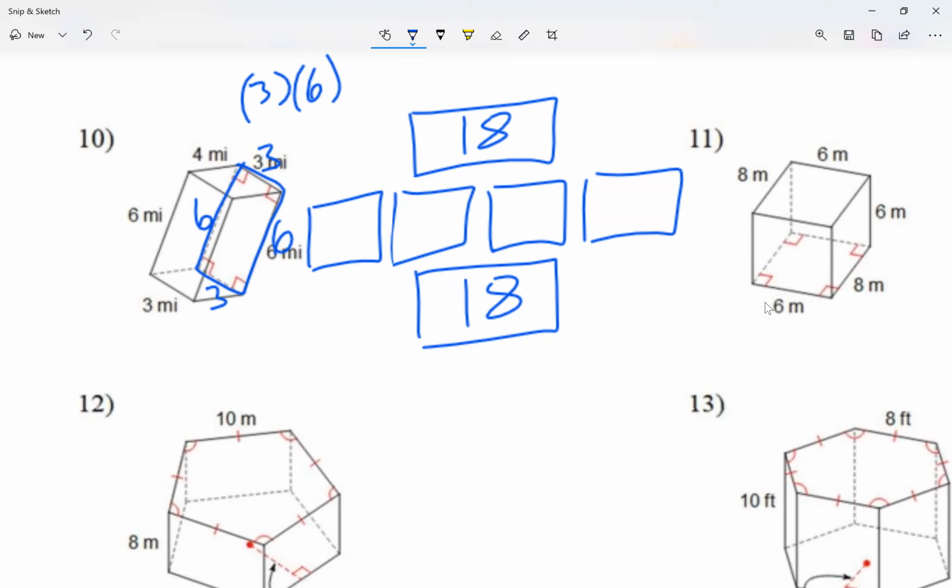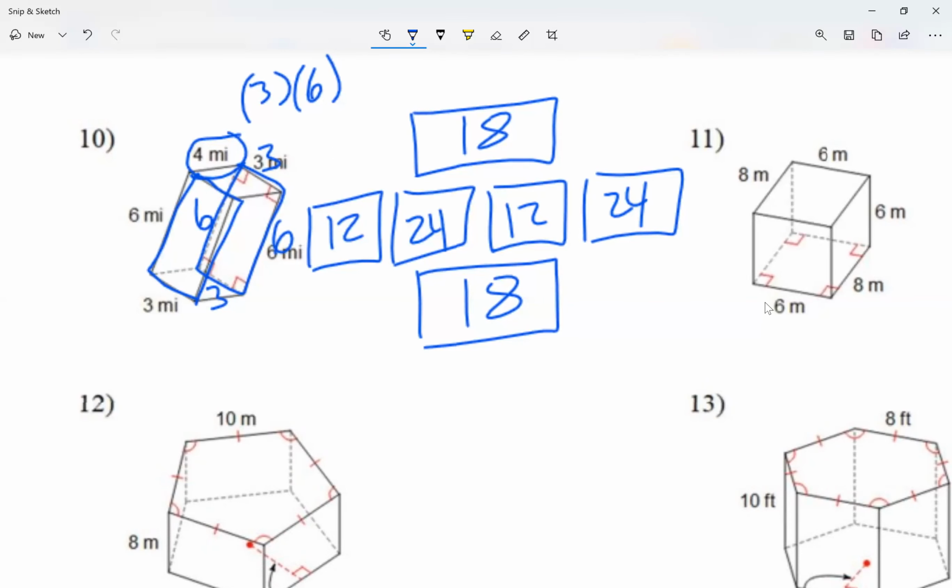Now the other base will be here. So the 6 and the 3 are measurements of my base. 4 is the number that has nothing to do with my bases, so that's the height of the prism. I'm going to multiply 4 times each side of my base. So I'm going to go 4 times 3, 4 times 6, 4 times 3, and 4 times 6.